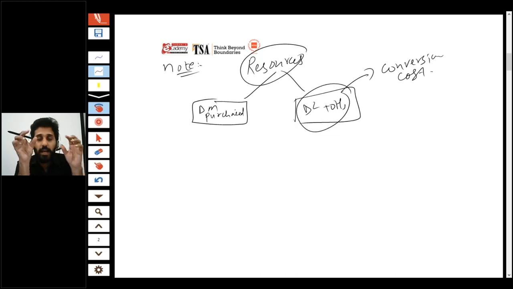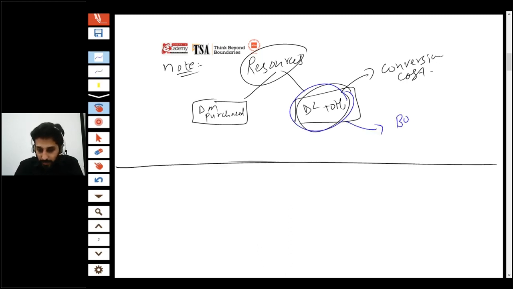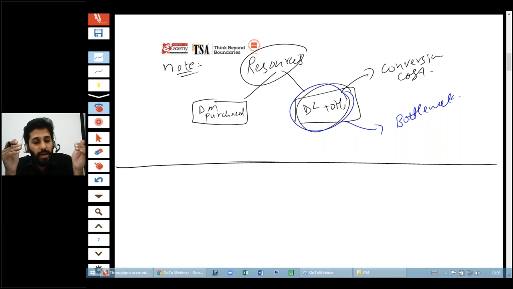Now see that there are three resources: material, labor, and overheads, right? Material is not a big issue, it is not an issue in the bottleneck. In labor and overheads there would be a bottleneck. That means we have limited labor hours and limited overheads, a limited availability.